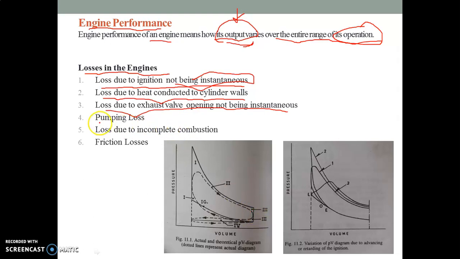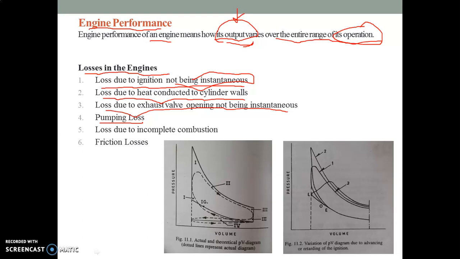The next type of loss we will consider is the pumping loss. Some work is required to be done for inducting the fresh charge into the cylinder and exhausting the products of combustion. This is called the pumping work, which is a direct loss.